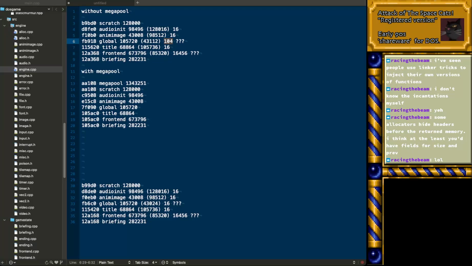There it is. FB918. So that's aligned to 8 bytes. Presumably bytes, yeah. What was the other one? FB6C0. Well, that's aligned much higher, but that's probably fine.